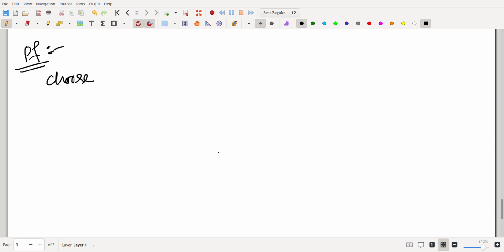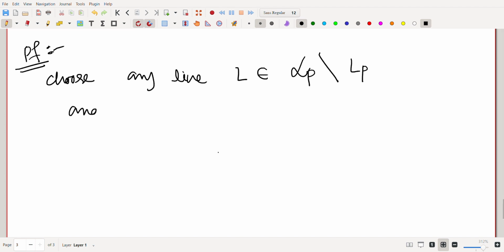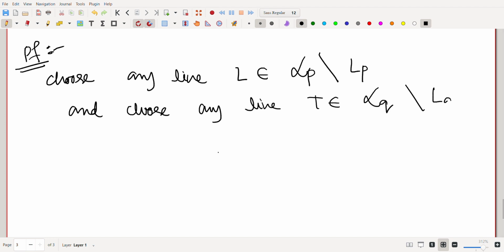So choose any line L belonging to script LP minus capital LP, and choose any line T belonging to script LQ minus capital LQ, right?